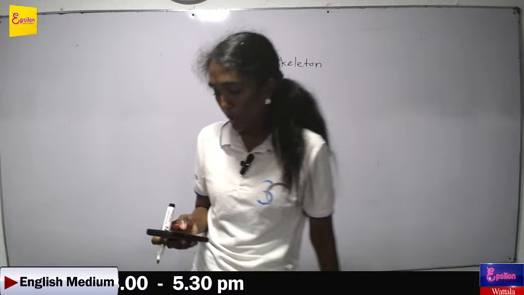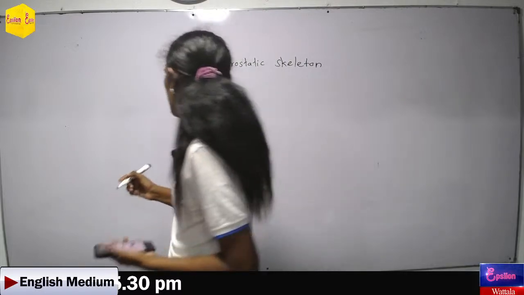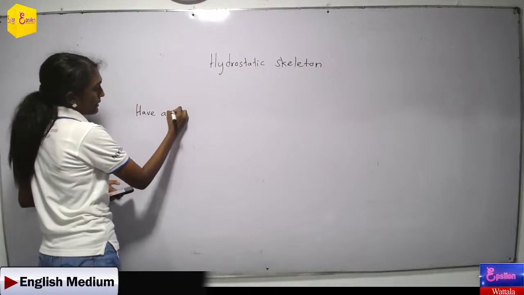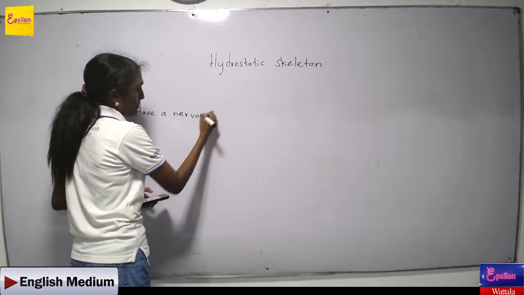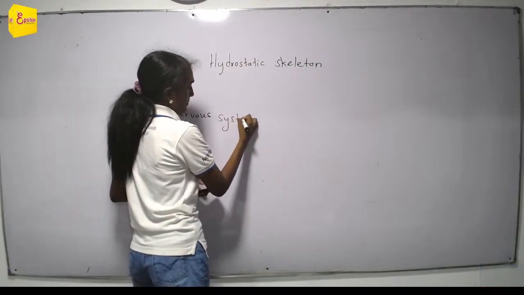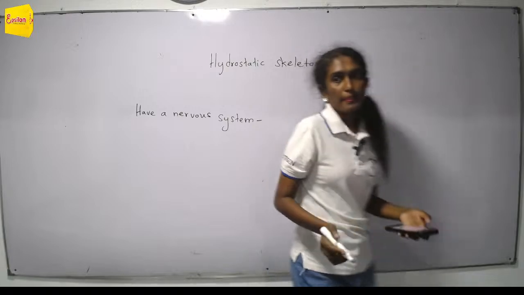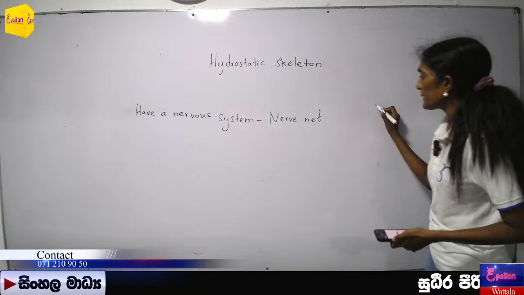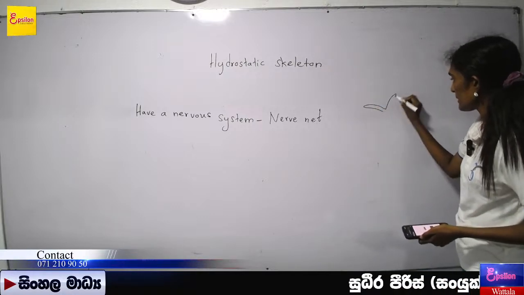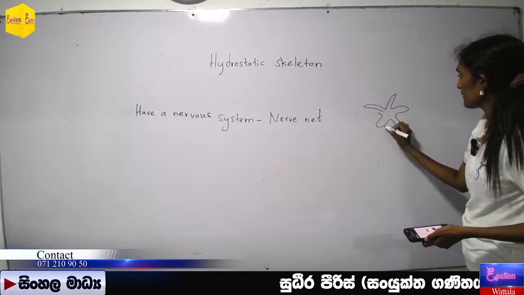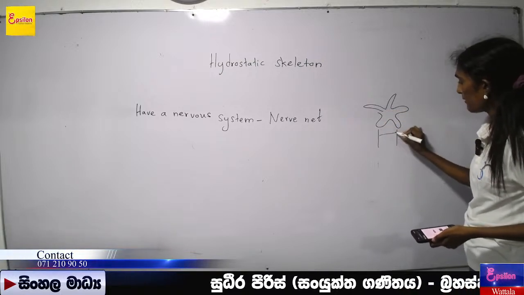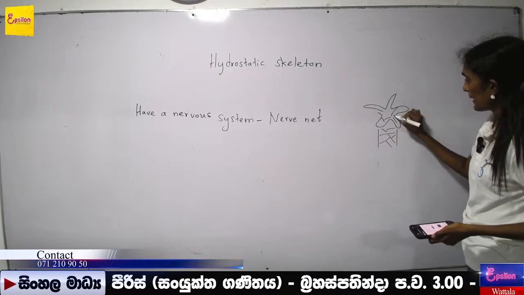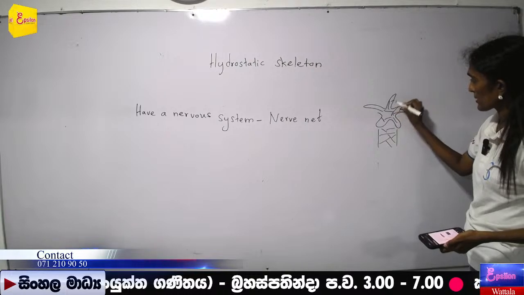Go to Cnidaria. They have a nervous system. They have a nerve net, which is coming in your grade 13 lesson. If this is Hydra, they have a nervous network throughout the complete body, a network of neurons. They don't have a brain.